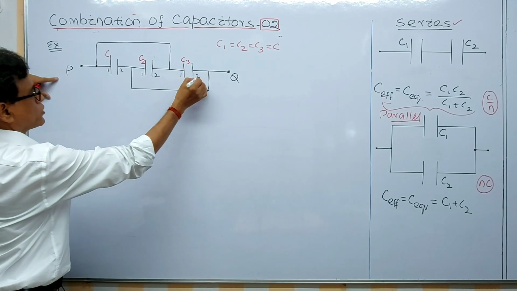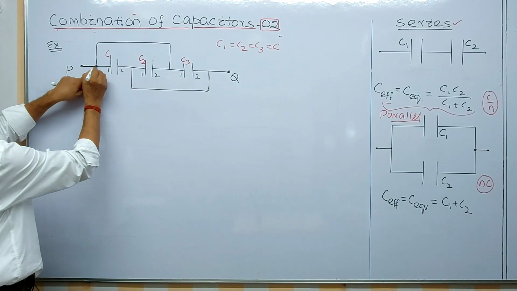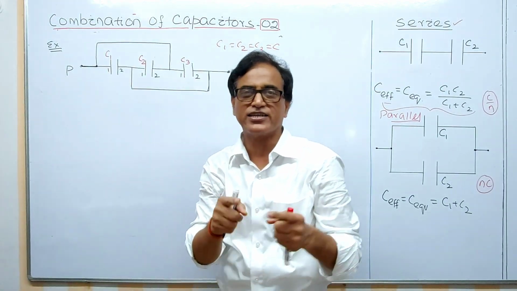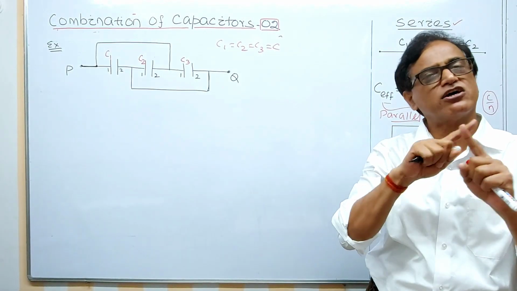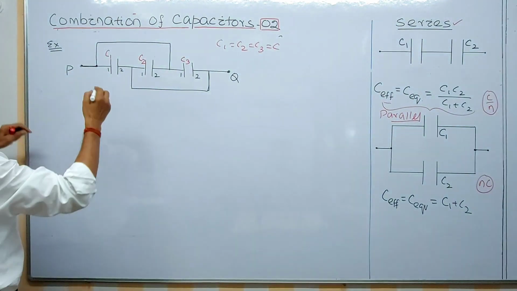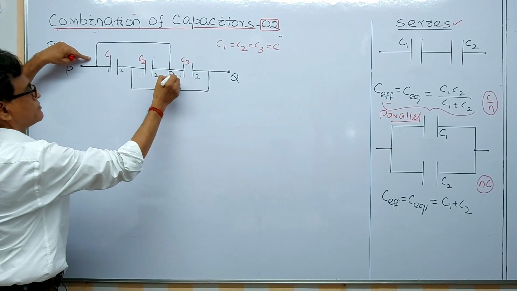Say this plate is 1, 2. Now this point is P, you see, this is the same point. This is connected, this is a wire. A line in an electrical circuit is nothing but a connection, simply a connecting wire. So this point is P and this is the same as this one, this point is P.